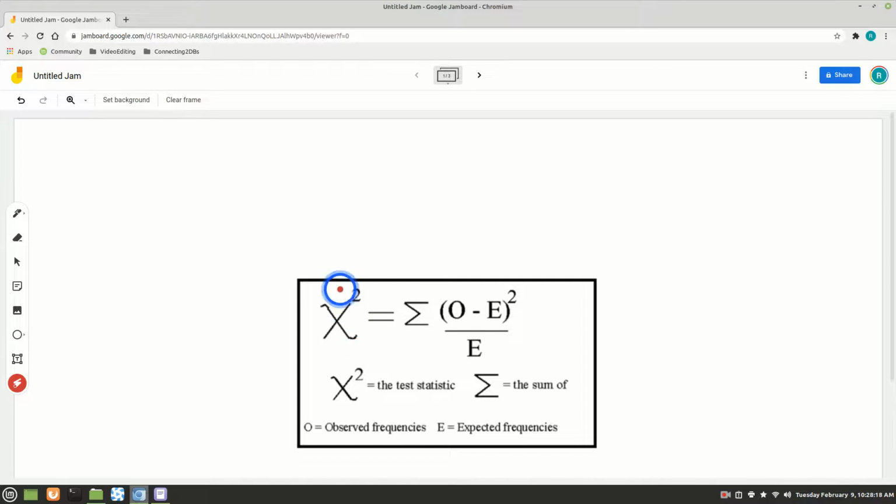Because here we have O and E. O and E stand for observed and expected. So we're expecting a particular type of number, or a set of numbers. That's the perfect world here, these expected frequencies.